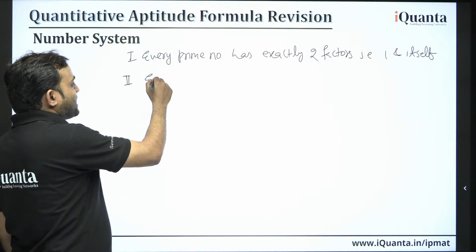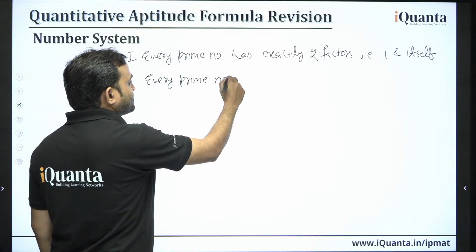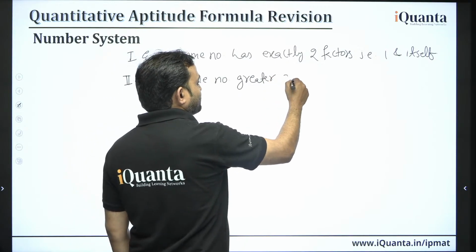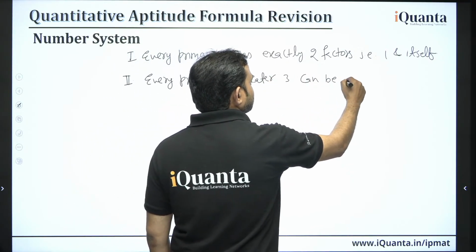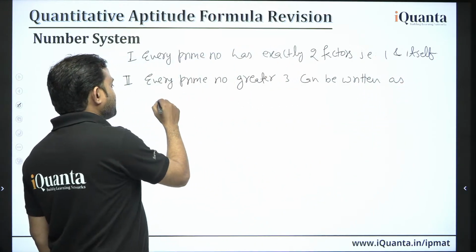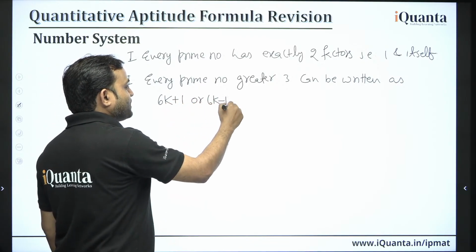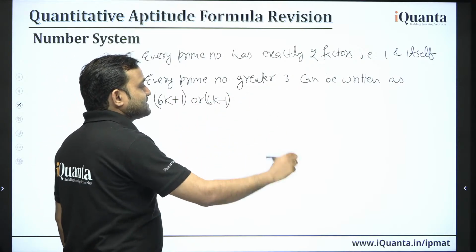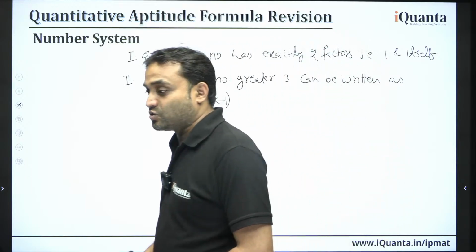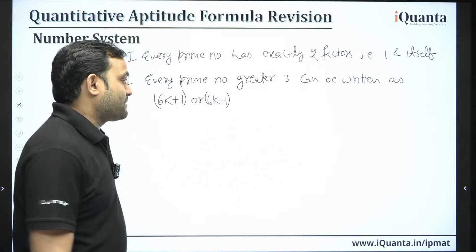Every prime number greater than 3 can be written as 6k plus 1 or 6k minus 1, where k is a natural number. K is any natural number, but the vice versa is not true. Not every number of this form will be a prime number.